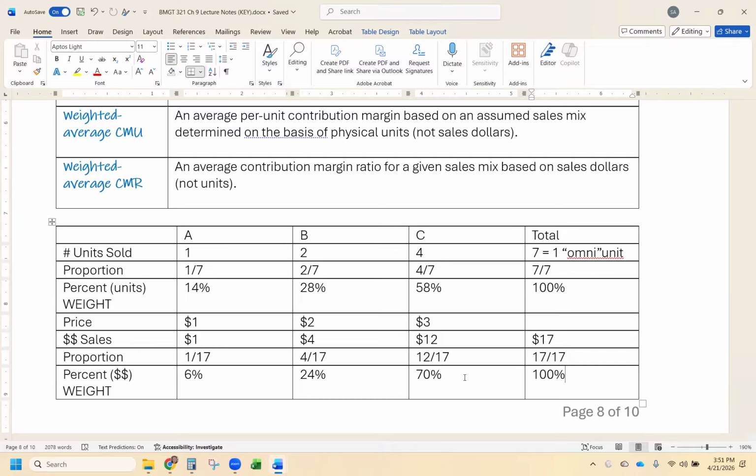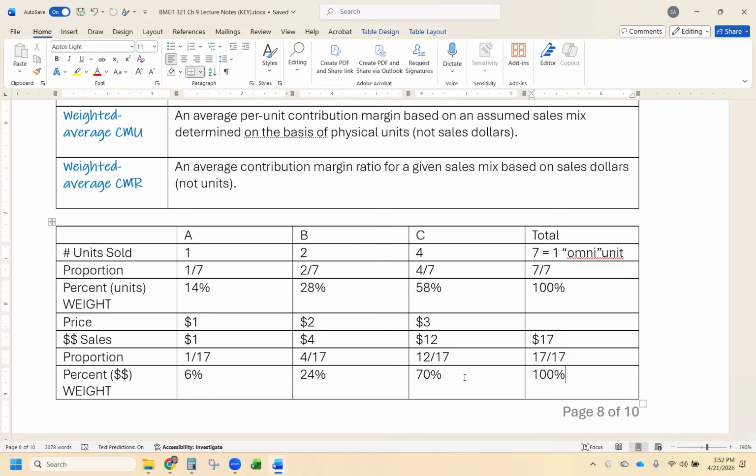So it has the most units, but a higher percentage of the total sales of our Omni unit. If we're looking at the volume of our Omni unit, it's these percents. But if we're looking at the dollar contribution to sales, it's these percents here. So these are our weights. This is how much each individual product weighs in our composite Omni unit.